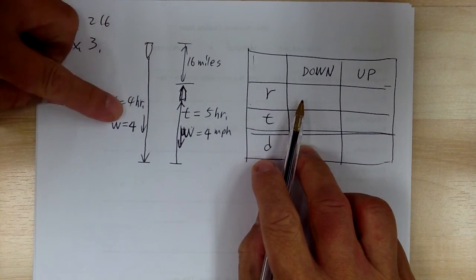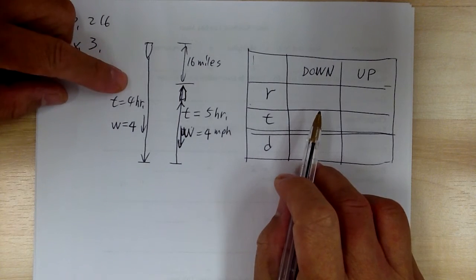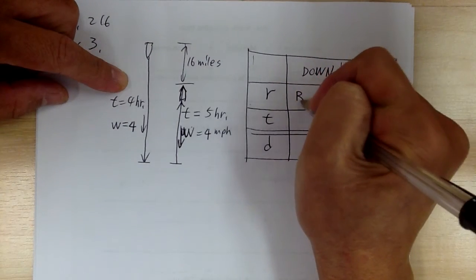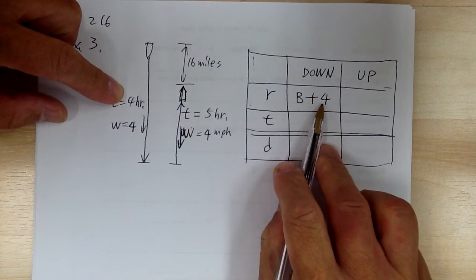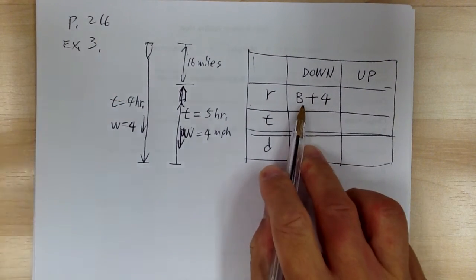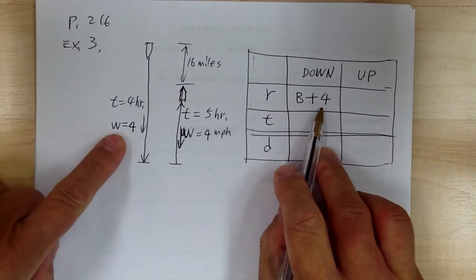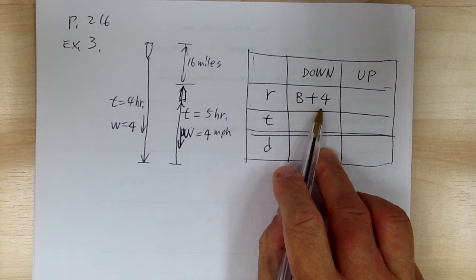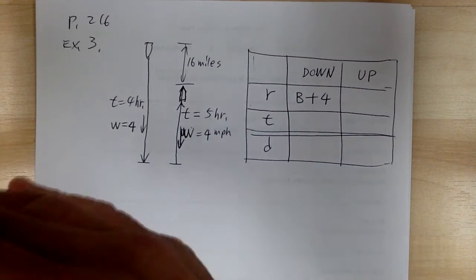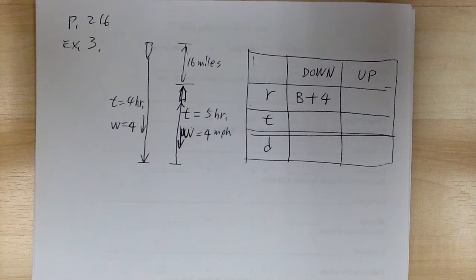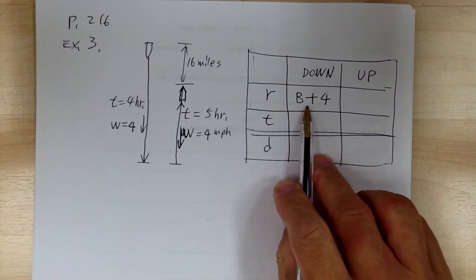When it's going downstream, it doesn't tell you the speed, so it would be speed of the boat plus 4. The 4 is the water. It's going downstream, so the water is going to push it to go faster. Whenever you're going with the water, or in an airplane flying with the wind, you plus, because it makes you go faster.